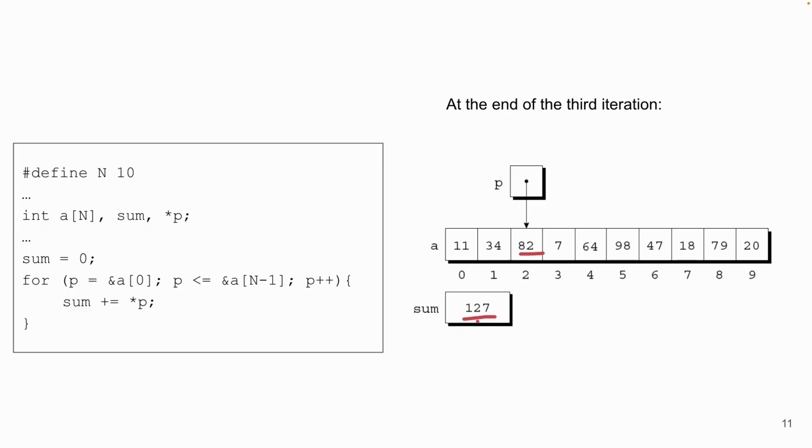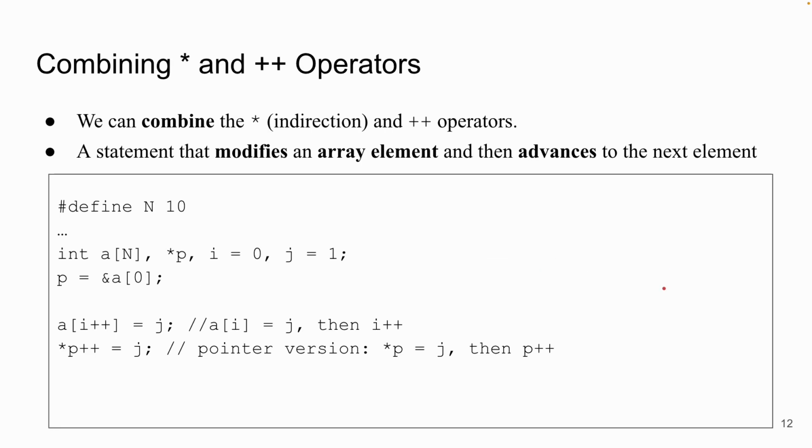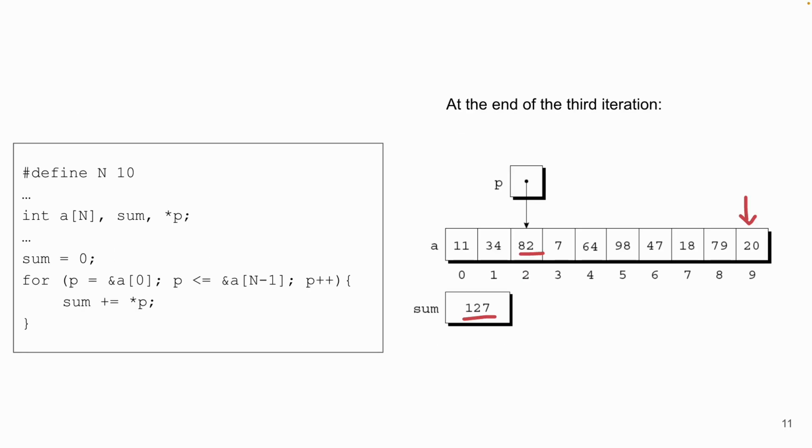So you can imagine that when this for loop goes on, P will start from A[0], A[1], A[2] until it reaches A[9]. So this is one way of using a pointer variable to traverse a one-dimensional integer array.